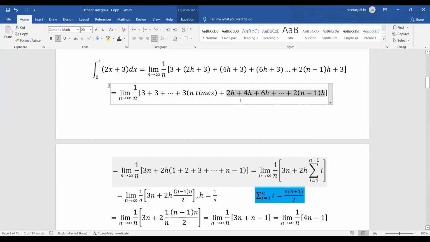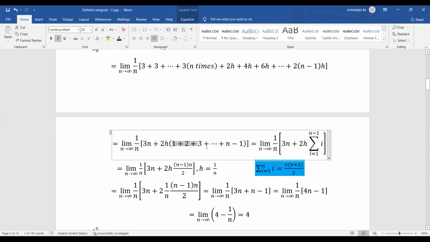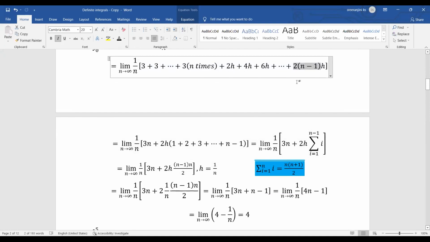Am I right? Yes, we can. So if you take 2h as common factor, the first term will become 1, right? After taking 2h outside. And the second term will become 2. This will become 3, right?